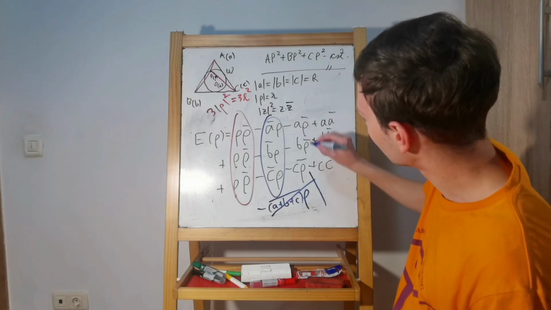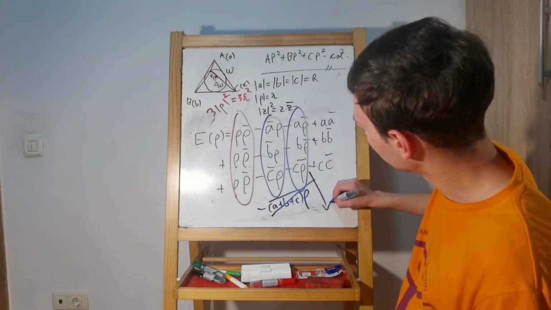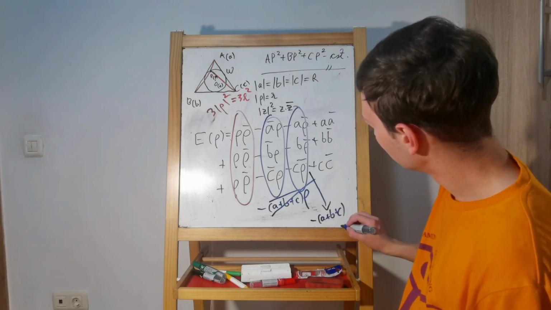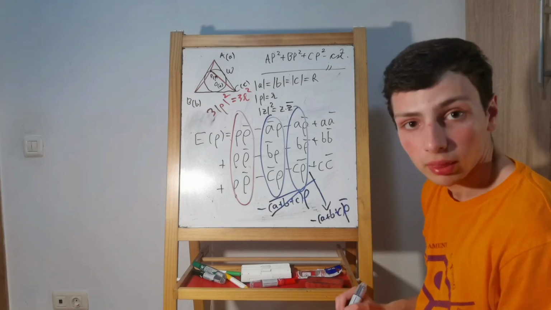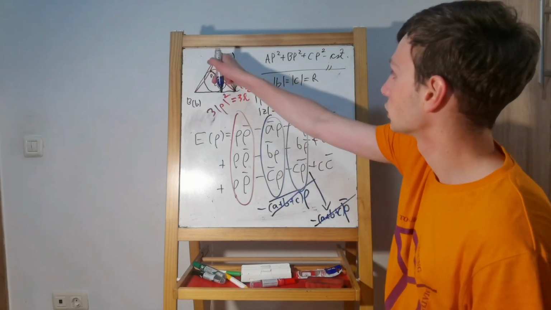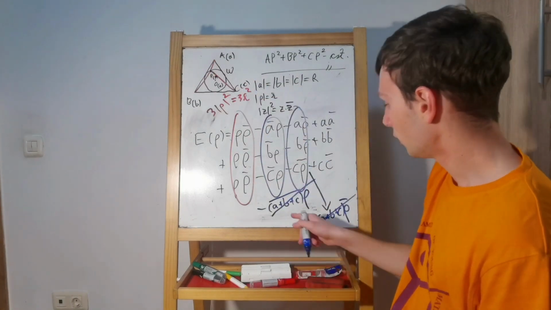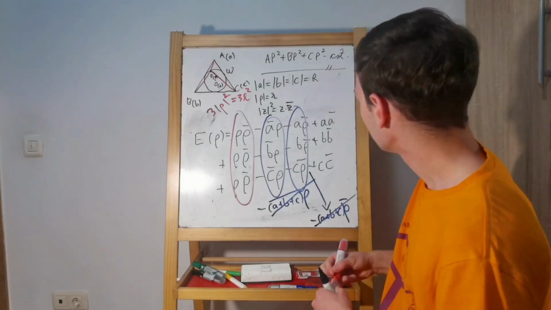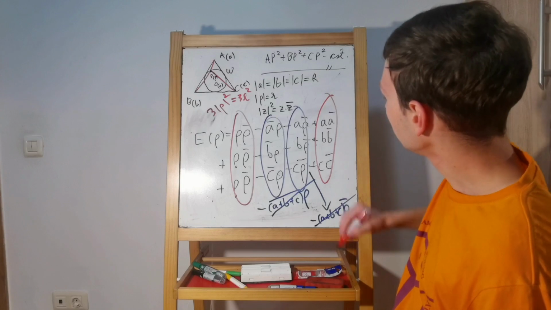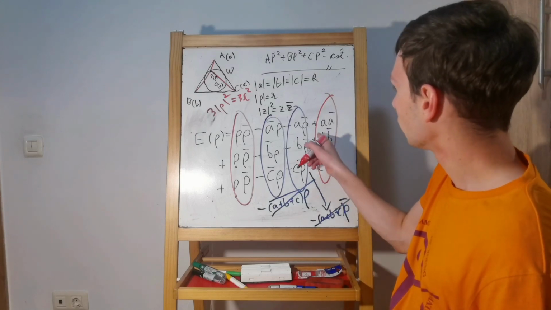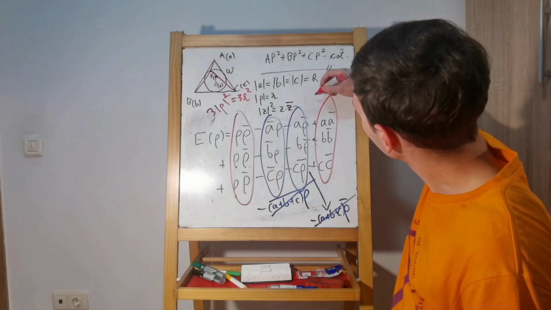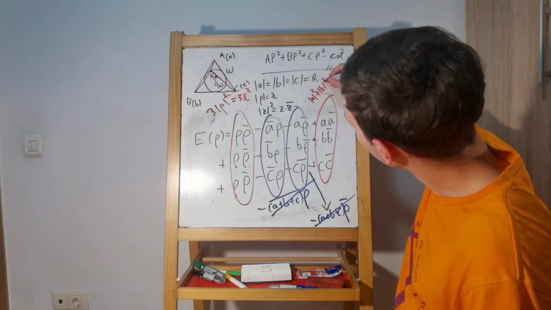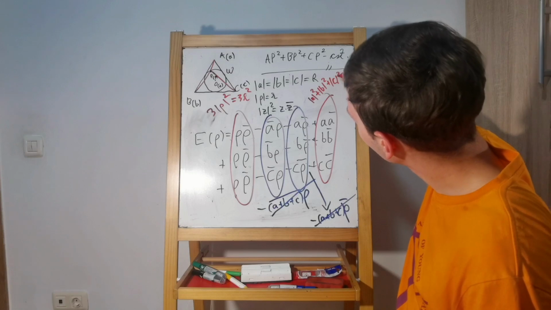So this sum right here, you'd have something like a plus b plus c times p conjugated, and this also cancels out because a plus b plus c is 0, and a plus b plus c conjugated is 0. And then finally, if we add up these three, according to this formula, that would be the absolute value of a squared plus the absolute value of b squared plus the absolute value of c squared.